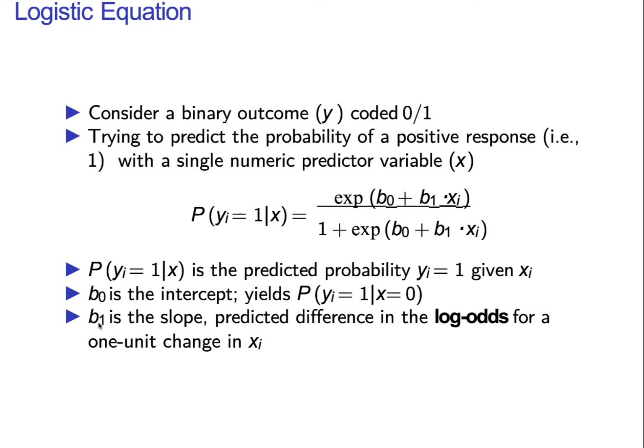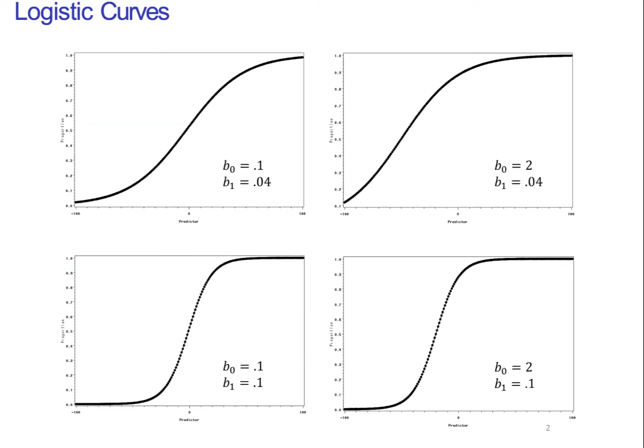Whereas b1 is the slope, which is going to predict the differences in the log odds for 1 unit change in x. And if you remember, those are from your historical logistic regression. People like logistic regression because technically you have those two values. I'll explain shortly the differences between those.